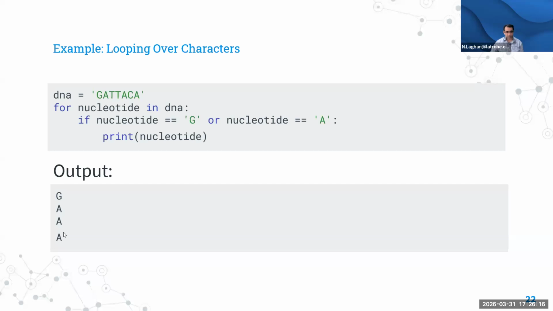So it will be printing only how many G's and how many A's there are. So it will be printing G, A. You can print this way. But this nucleotide would be assuming all the values. It'll take G, A, T, T, A, C, A, but it'll be just printing based on the condition.